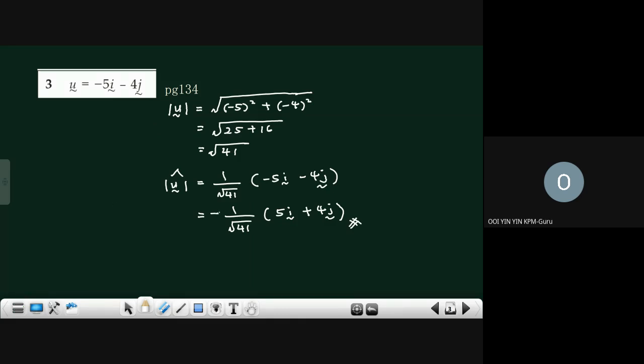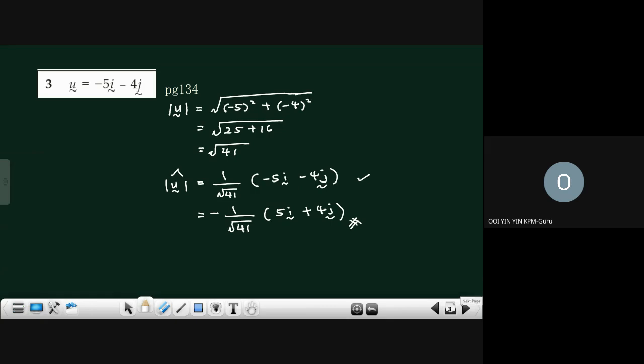So we can only see one negative here, instead of two negatives in here. Okay, but actually, if you find it hard to factorize the negative part, and you might make a mistake, you just keep your answer this way also never mind. Okay, this is to show you that there is one more variation, it can be like this. So this one is to show you the variety of the answer.